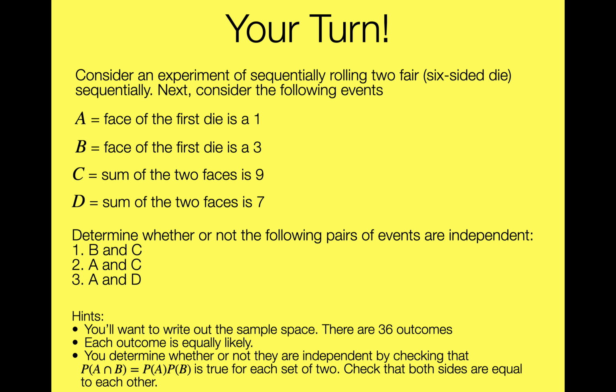Okay, so you need to check if the probability of A and B is equal to the probability of A times the probability of B. And always remember that here A and B, which is confusing because I also have A and B over here, I mean general events A and B. Okay, not these specific A and B. So for number 1, it's actually B and C. For number 2, it's A and C. Number 3, it's A and D. Okay, so make sure you don't confuse the actual with the general.